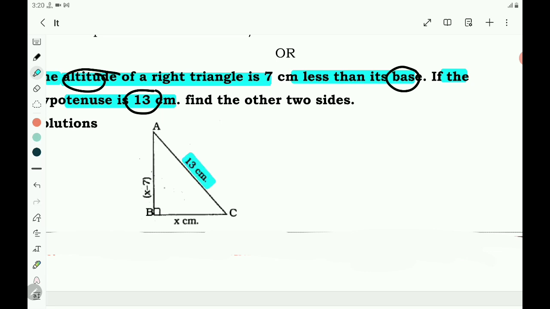It is given: base is x, height is x minus 7, and the hypotenuse is 13 centimeter.